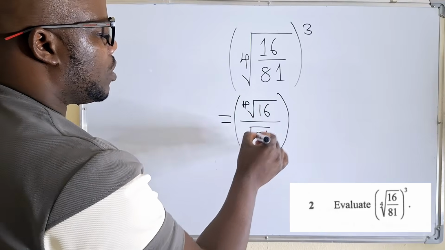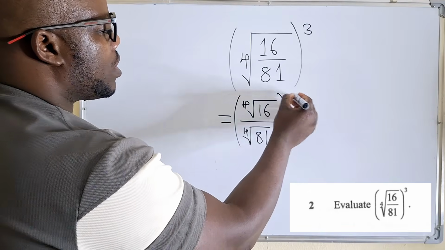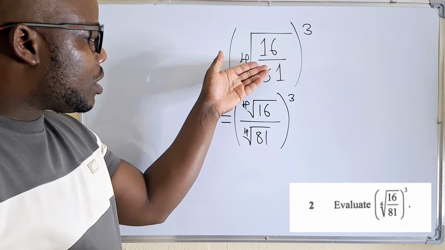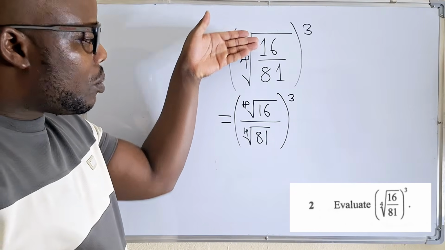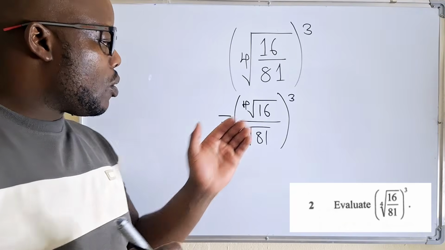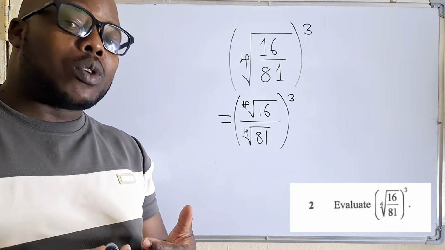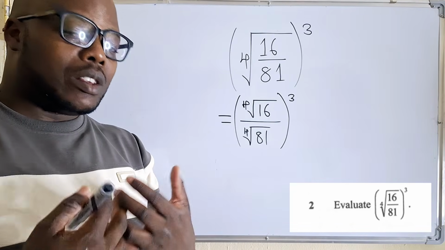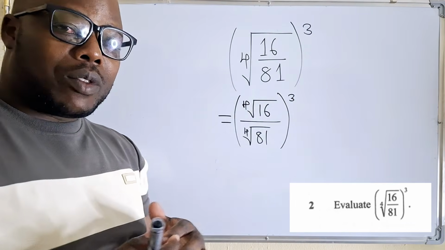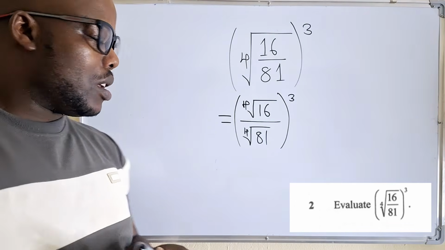And we should not forget the power 3. Okay, so because this is a fraction, the number that is on top will be evaluated separately, and also the number that is below will be evaluated separately. And for the power here, we leave it the way it is.